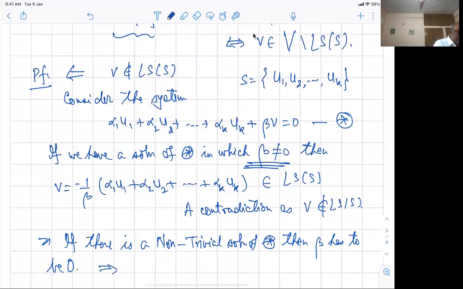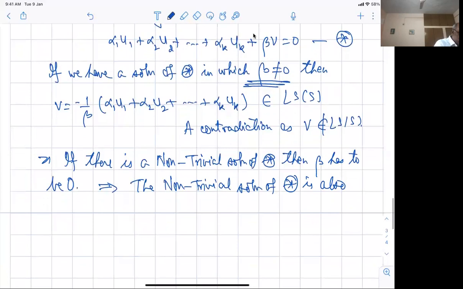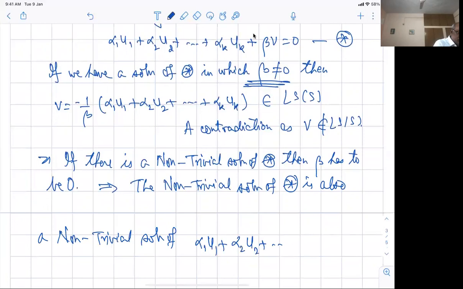So the non-trivial solution of star is also a non-trivial solution of alpha 1 u1 plus alpha 2 u2 plus ... plus alpha k uk is 0.